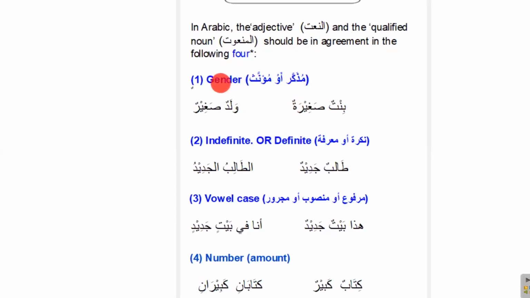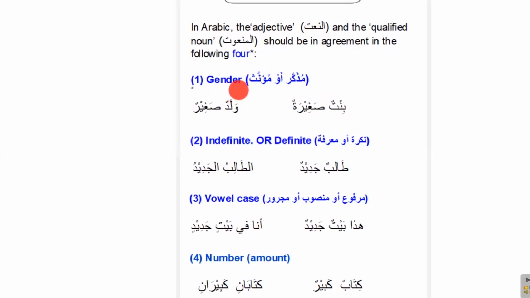If you are using an adjective for a male and a female, you can use the same adjective for both, but you have to distinguish it, most of the time by adding ta marbuta. As you can see, bintun saghiratun, because you are talking about a female. You can also have, for example, a book, kitabun.